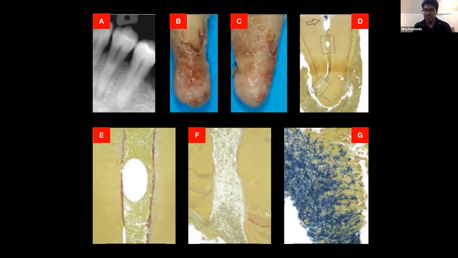But along with that, sodium hypochlorite, chlorhexidine, EDTA, Qmix, any disinfecting irrigating solution of the clinician's choice which has wide or broad antibacterial activity has to be used and pumped into this little canal. Only then can we achieve desirable outcomes.